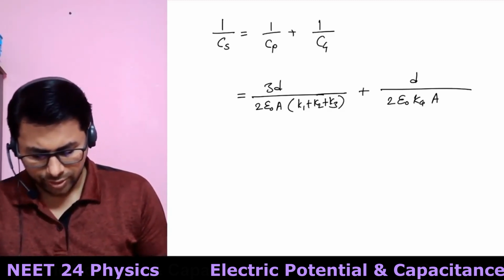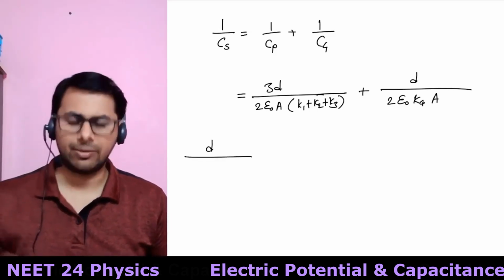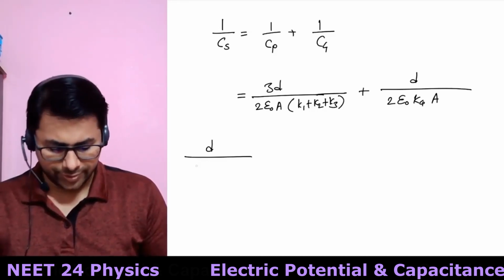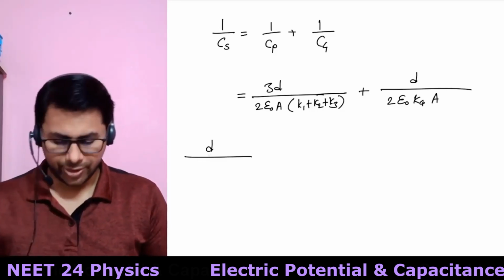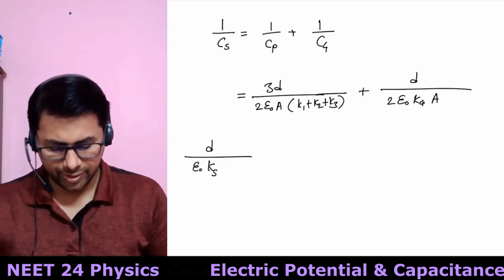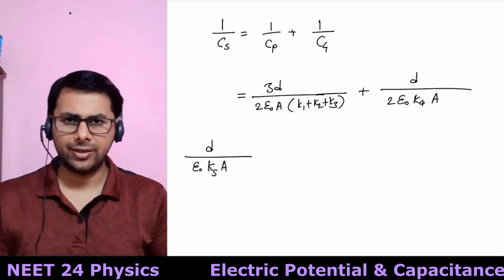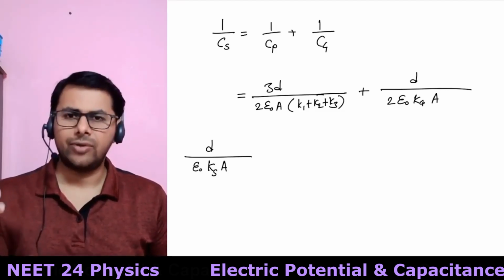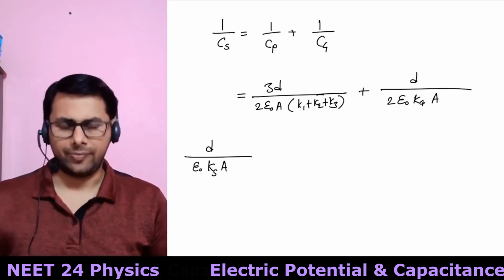So you say that this is one capacitance. Suppose the capacitor can be written as epsilon naught Ka by D; its reciprocal will be D upon epsilon naught Ka.